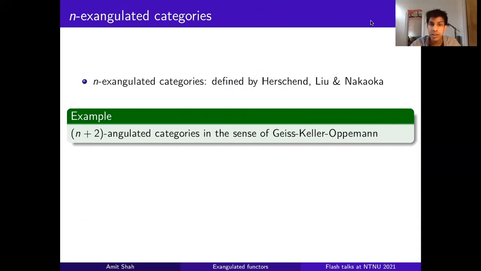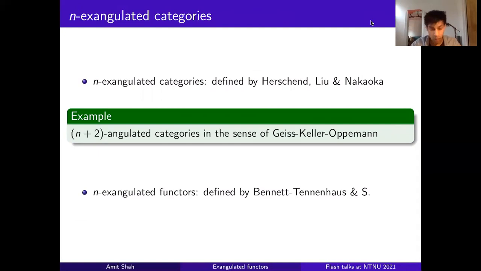And examples of these then are the Geist-Keller-Oppermann n+2 angulated categories. So Raphael and I also defined the n-exangulated functors, just these higher notions of X triangulated functors. They just go from an n-exangulated category to an n-exangulated category and preserve the structure.